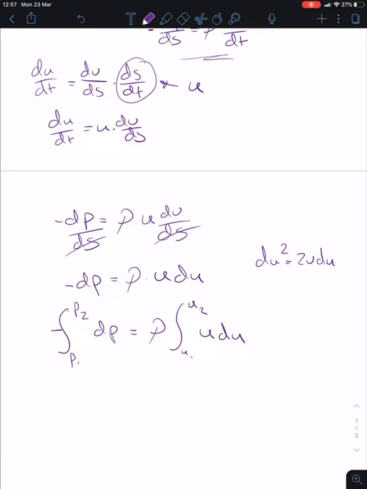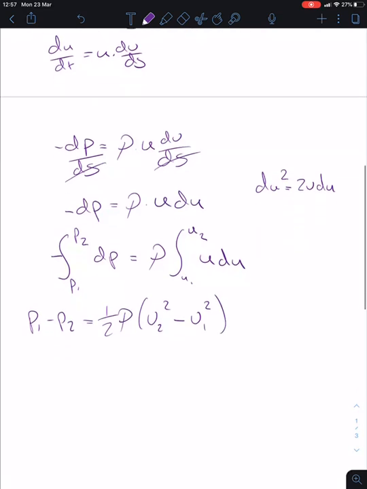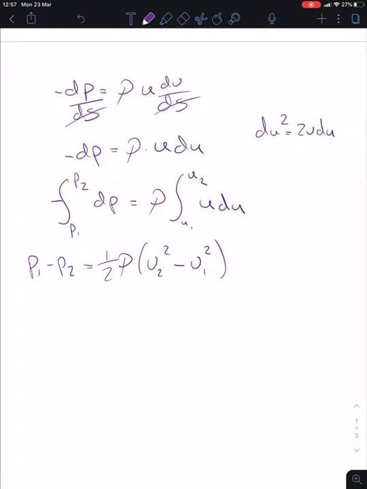In the textbook version, they've substituted in a du squared term, and this u disappears, and there's a half under the density. This means that we end up with P1 minus P2 equals a half times the density times U2 squared minus U1 squared. If we rearrange a little bit, we bring the density across.